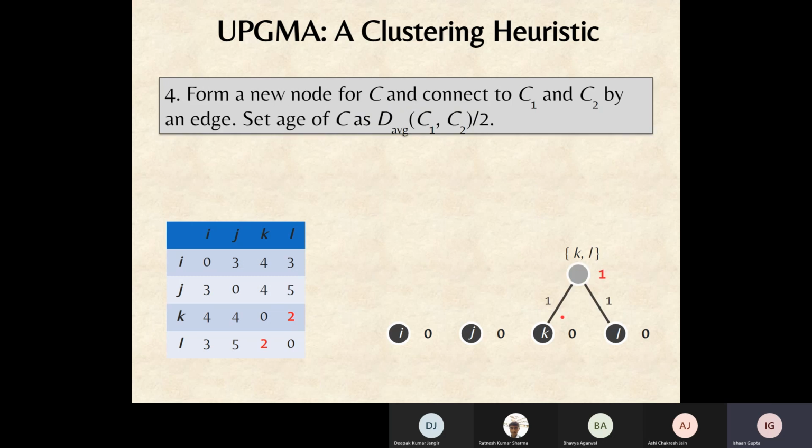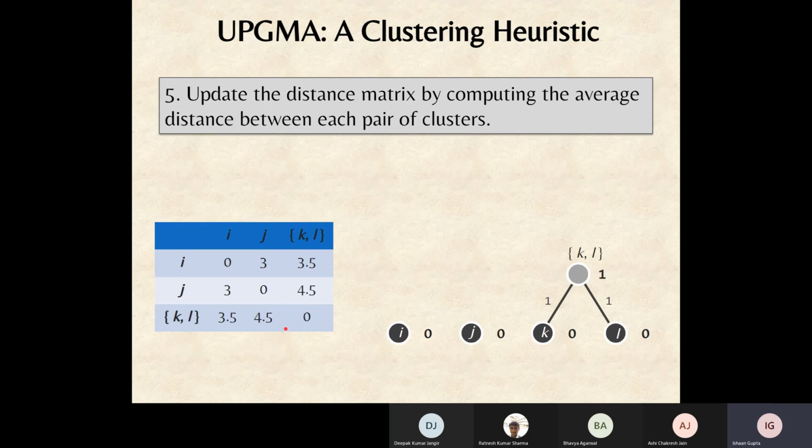So this distance 2 is distributed 1, 1, and this internal node has a distance of 1 from these leaves. Once you do that, you collapse K and L together. So now the distance of all the other nodes, I and J, from K and L can be calculated by taking the arithmetic mean of these columns.